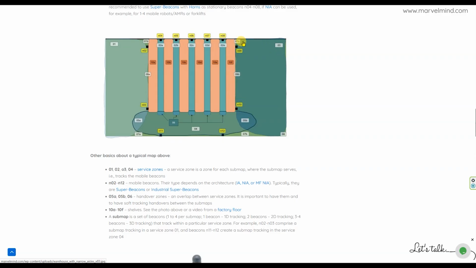So these are 2D submaps, but these are 1D submaps. So N07 creates a submap 02D with the service zone 02D. So this is a submap, and this is a handover zone between this submap on this service zone and this service zone. Service zone is a property of a submap, and submap is a set of beacons.